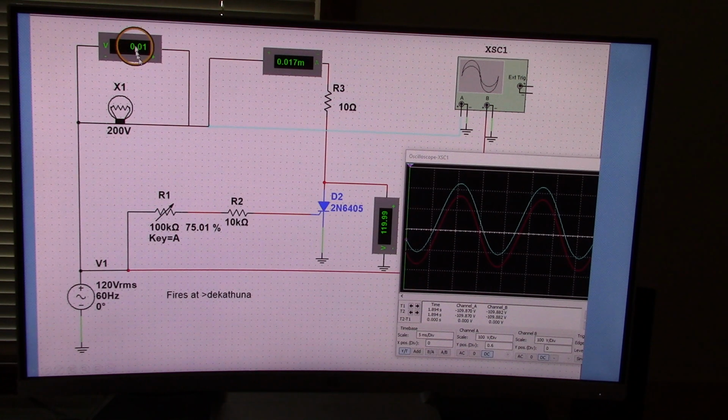You'll notice that this voltage is 0 volts, and you have almost no current going through this circuit. But the blue color line is a full sine waveform, and that is saying that the voltage from this blue color line to ground, this connection here, is equal to 120 volts.